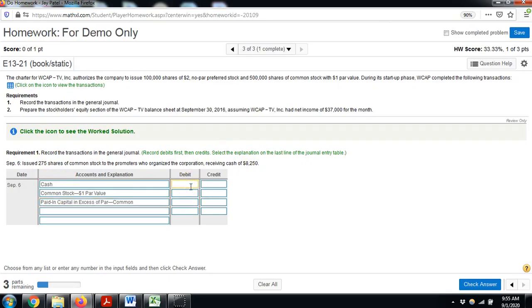So we're going to receive $8,250. The par value of the stock is 275 times $1 per share, it's $275. And then the excess amount, basically this 8,250 minus 275, is going to be this paid-in capital in excess of par.